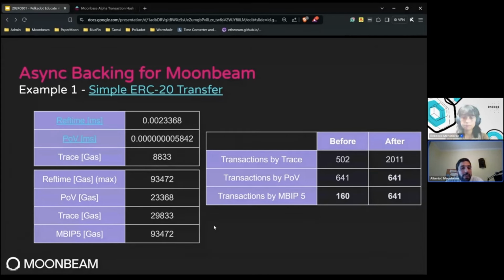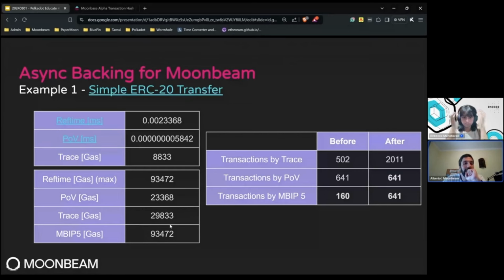And then Moonbeam has a very special thing called MBIP5, which is basically a gas measurement related to the change in storage. If you create a lot of storage, every byte that you create in storage can be represented in gas. But this is in the Parachain state, not in the POV. This is in the Parachain state itself. These two things, POV and MBIP5, are related, but they're not identical.